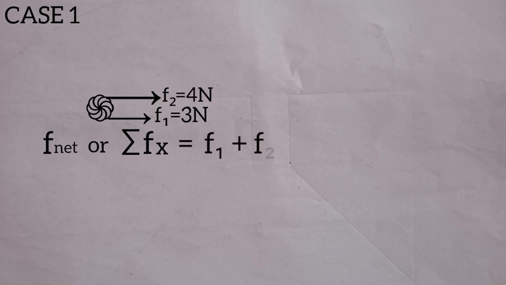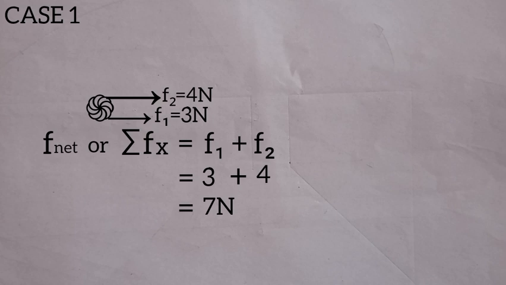So the summation of the forces along x-axis, or you say the net force along x-axis, is F1 plus F2. Our F1 is 3 Newton, our F2 is 4 Newton. Since they are facing the right, both of them are positive. So our F1 is 3 plus our F2 is 4. So the net force will give us 7 Newton towards the right, right?